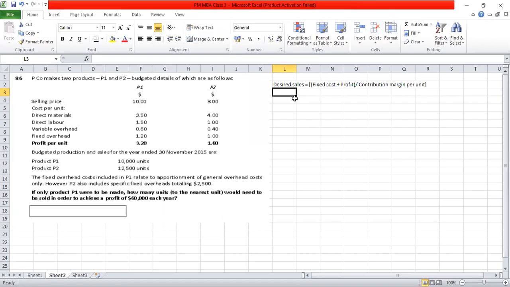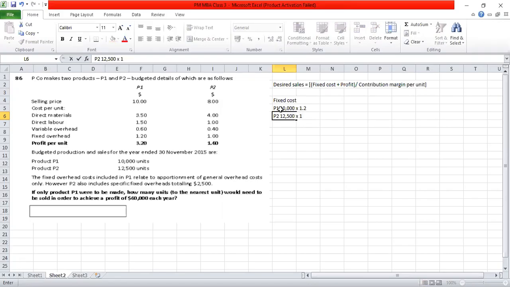So let's see what the fixed cost is at present. P1 will be 10,000 units into 1.2, and for P2 it is 12,500 units into 1.